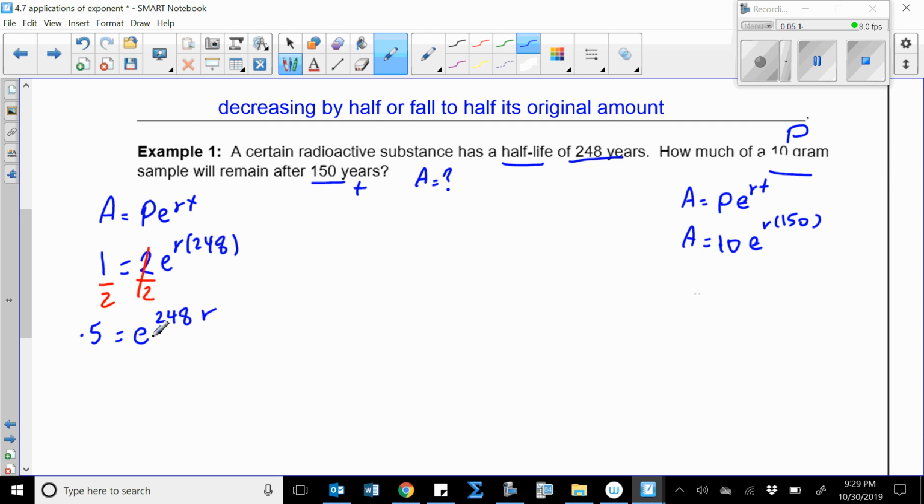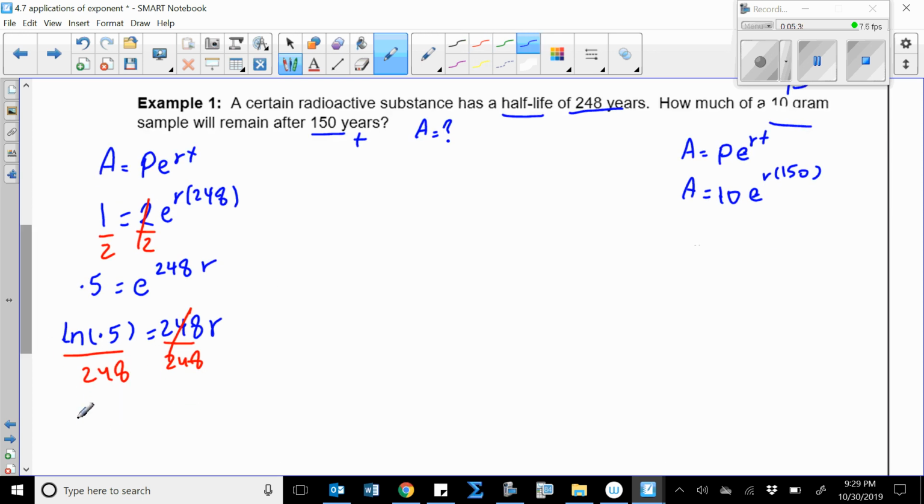I need to set it free and get rid of the exponential. So I'm going to change this to log form. Because the base is e, it will be the natural log of 0.5 equal to 248r. Now I divide both sides by 248, and r will be equal to the natural log of 0.5 divided by 248.